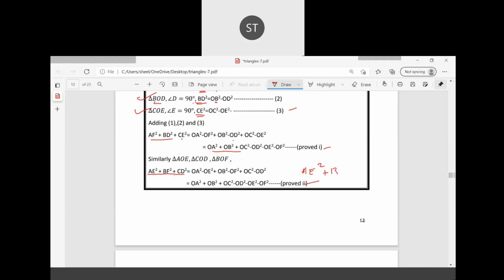AE square plus BF square plus CD square equals AF square plus BD square plus CE square, right? So all these are equal, because both the values are the same. By this we can make the conclusion that these are also equal.